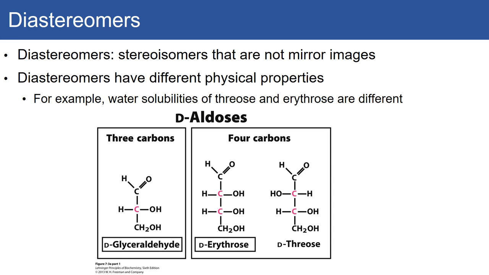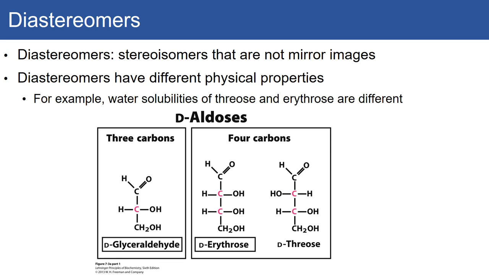Diastereomers are stereoisomers that are not mirror images. Diastereomers have different physical properties than their counterpart diastereomer. There's an example of these right here in aldoses, and you will see that D-erythrose and D-threose are diastereomers. They have very different properties.